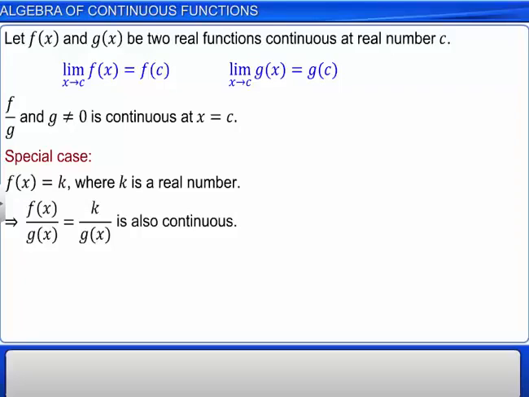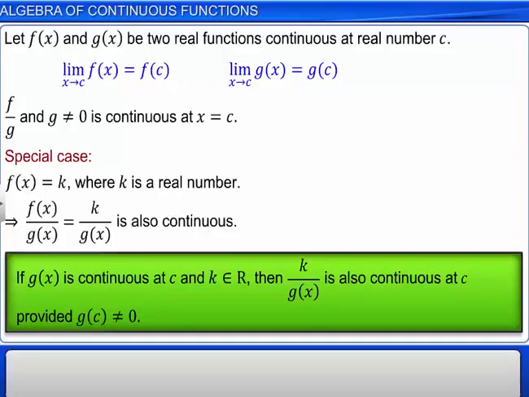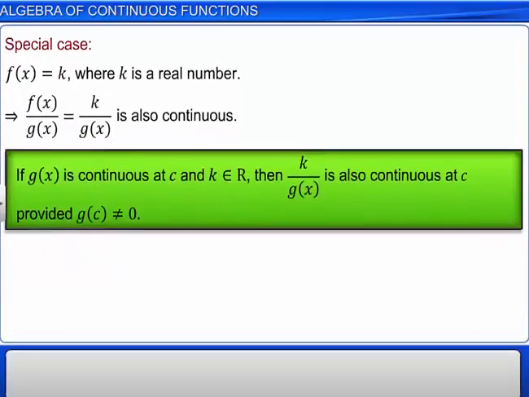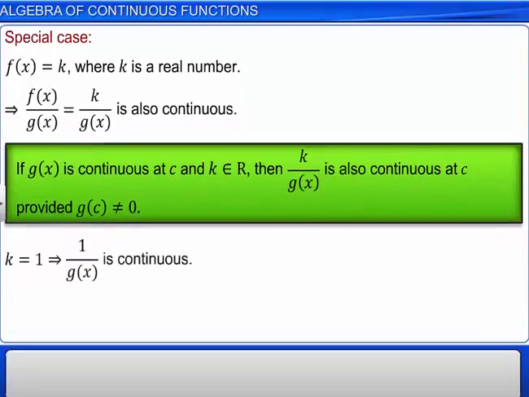Hence, we can say that a real valued number divided by any continuous function at some real number is also continuous. If k is equal to 1, then 1 divided by g of x is also continuous. That is, the reciprocal of a continuous function is also continuous.